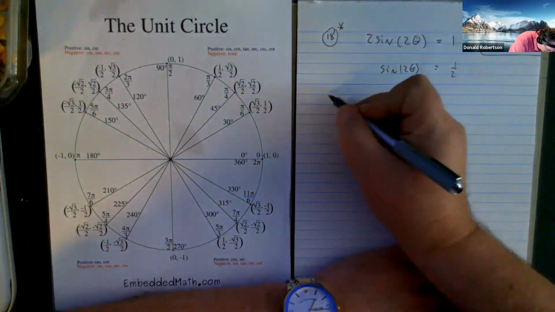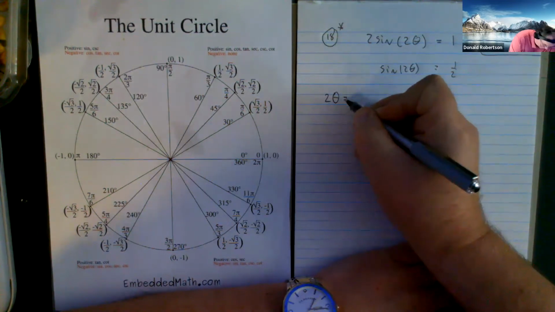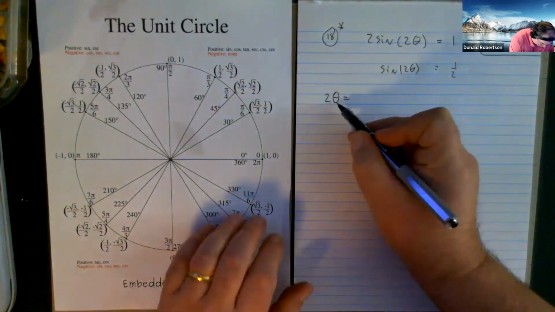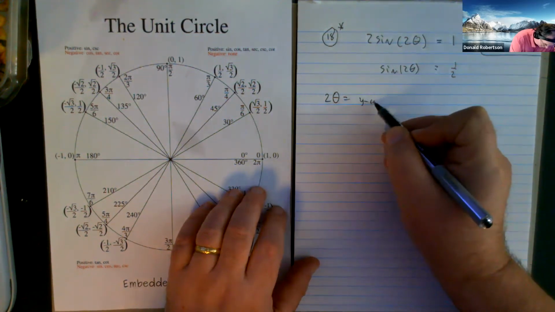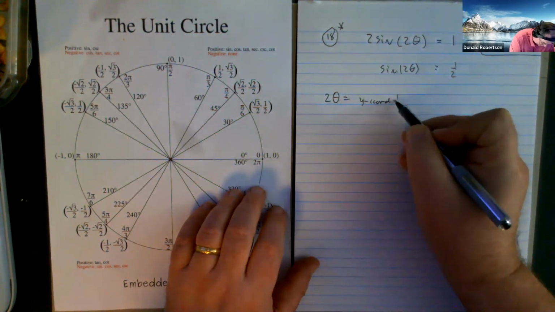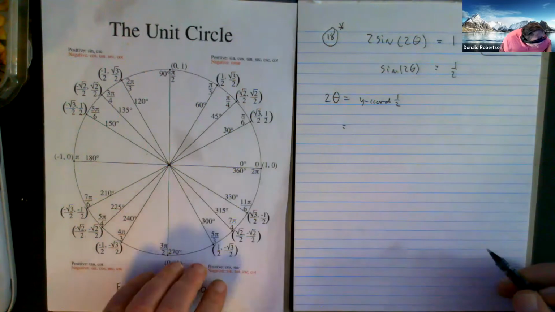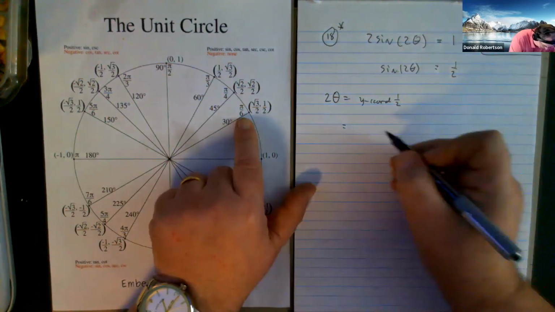So we are looking for when my angle equals a half. Since it's a sine, I'm looking for an angle whose y coordinate is a half. And as I go through it, I see pi upon 6.